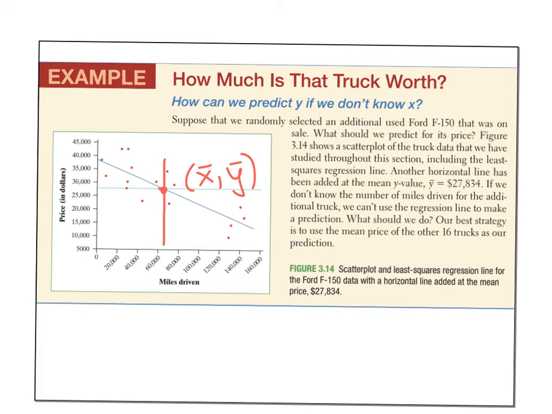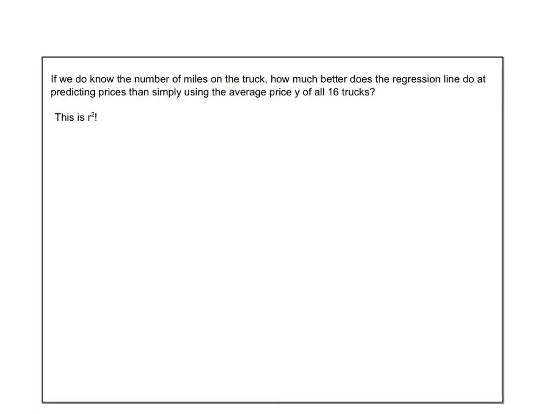But anyway, back to what I was stating. How much better does the regression line do at predicting prices than simply using the average price of all 16 trucks? Well, how much better it does is this value known as r squared.